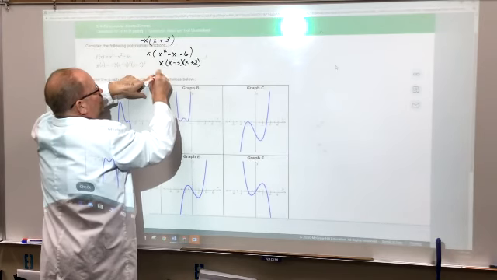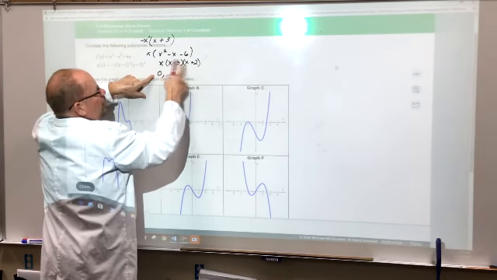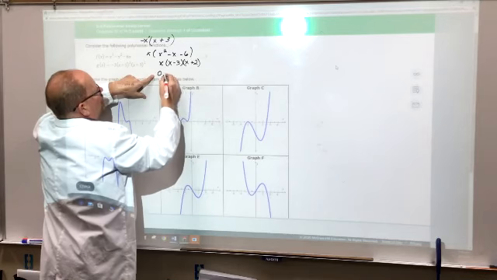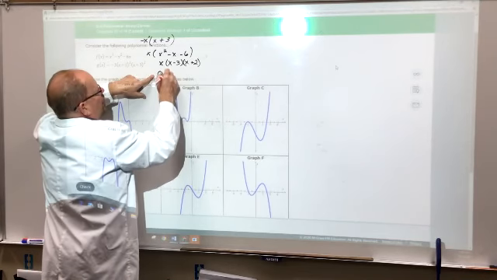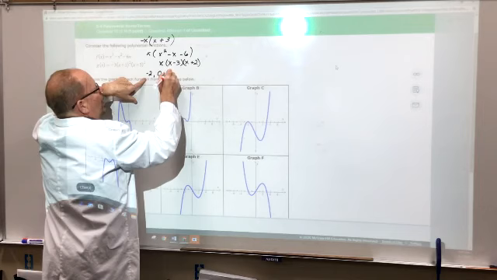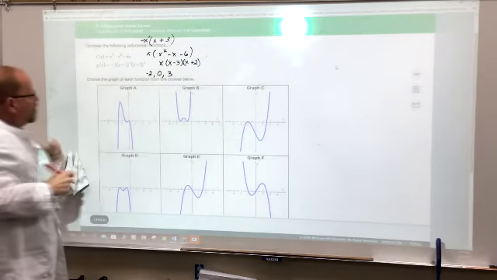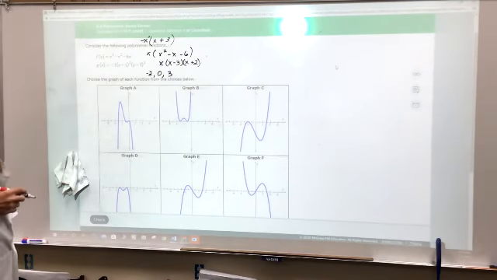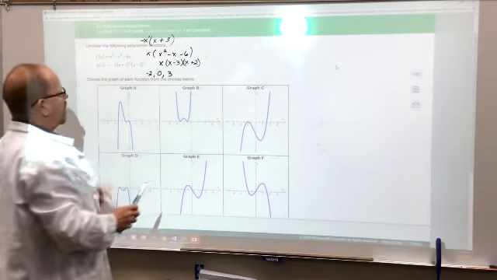So you have a 0 at 0, and these are all multiplicity 1s, okay? And you have a 0 at -2 and at positive 3. So it's going to look like x cubed, has a 0 at -2 and at positive 3, and at 0.